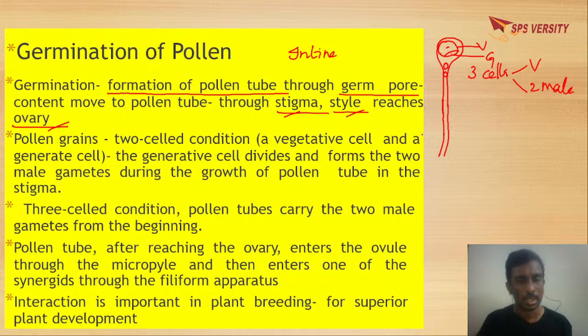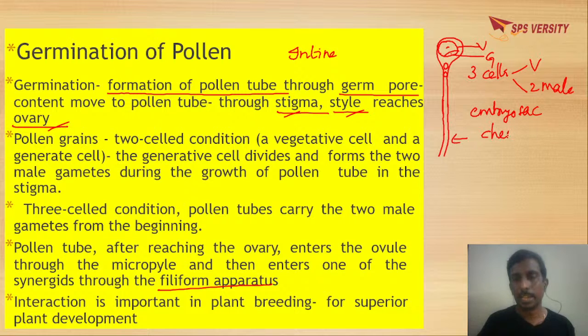Okay. So how can they exactly reach the ovule? In the embryo sac, in the synergids, there is an apparatus called the filiform apparatus, which will attract the pollen tube so that it reaches the ovule exactly. The filiform apparatus secretes chemicals which attract the pollen tube.